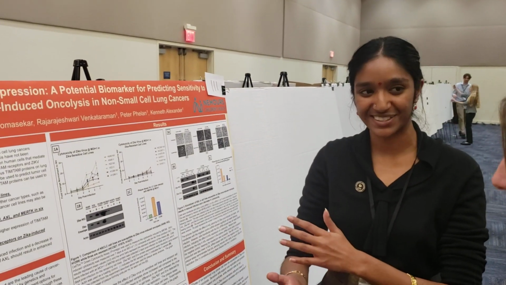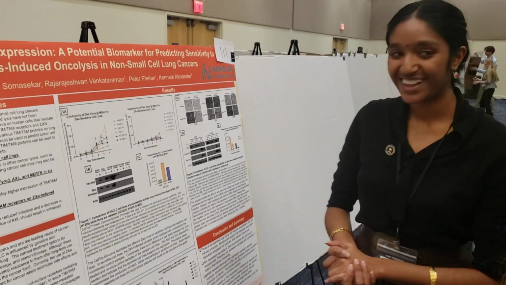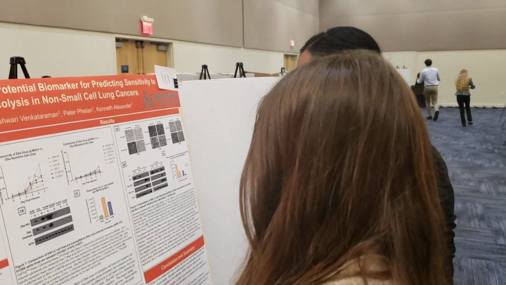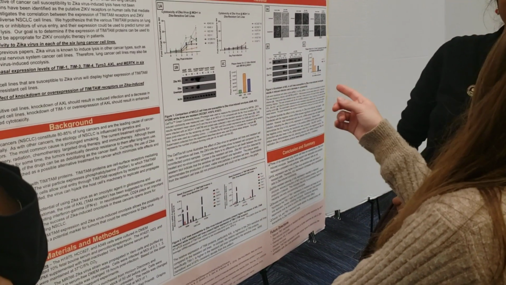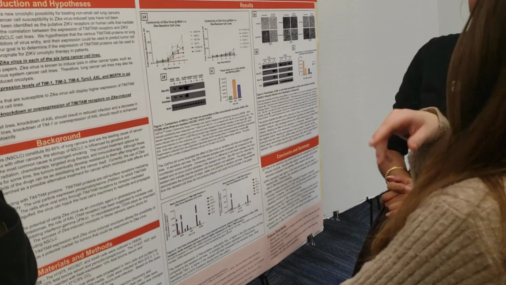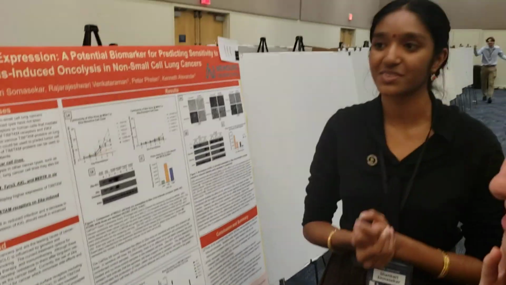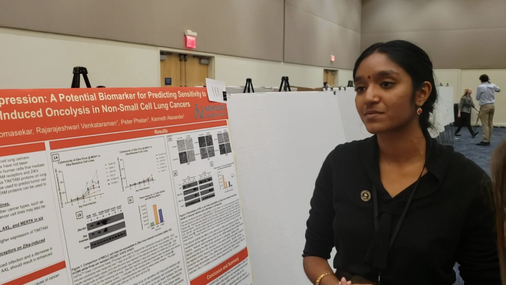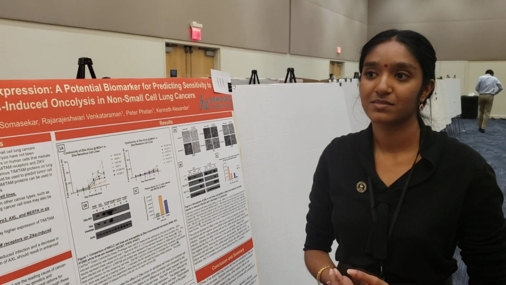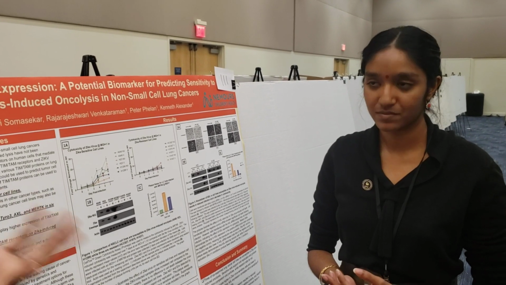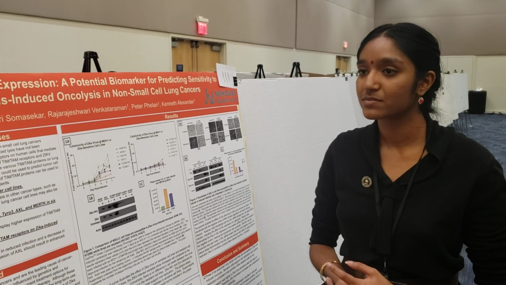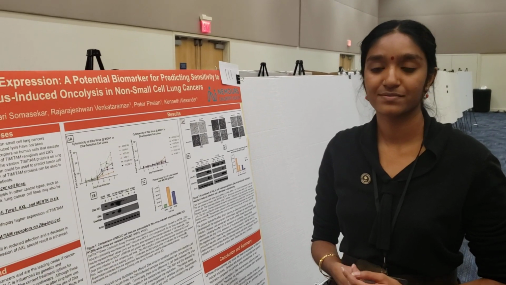Does that make sense? Yeah, that's what we want. So AXL, the TAM protein, works together to make more Zika virus, right, to kill the cells? Yes, AXL allows the Zika to enter the cell, and once it enters, the cell will make more of it and release it back out, and that will go and affect the neighboring cells.